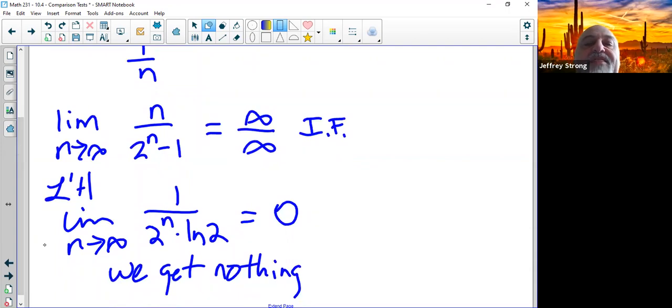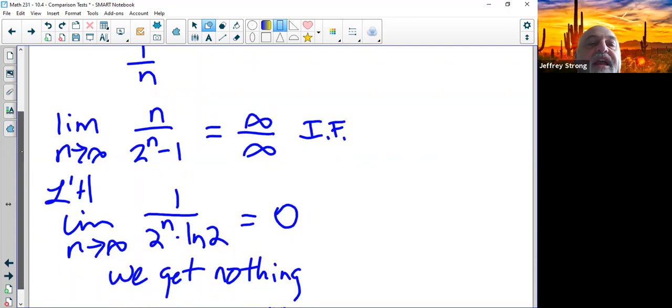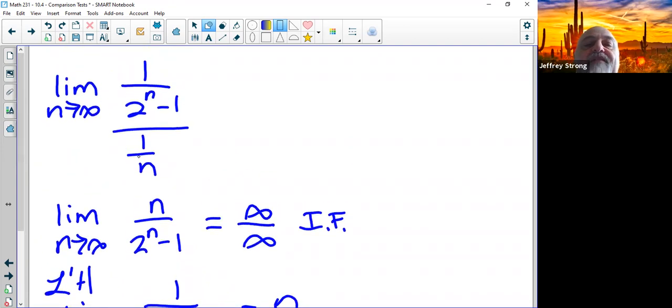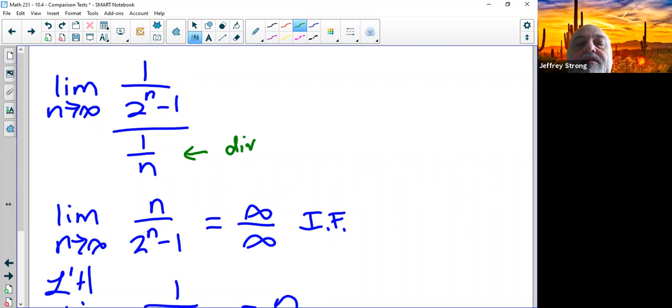So remember, if we get 0, and we're comparing it to a diverging series, because we know the series diverges, then that's no good. So it just depends on what you compare it to.